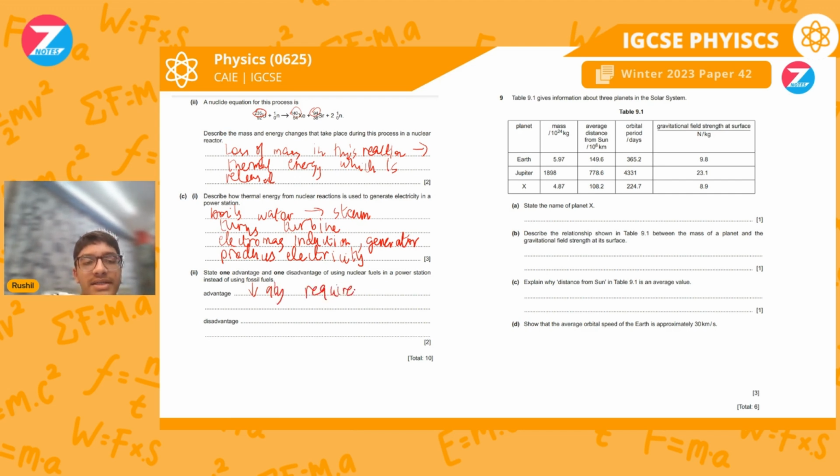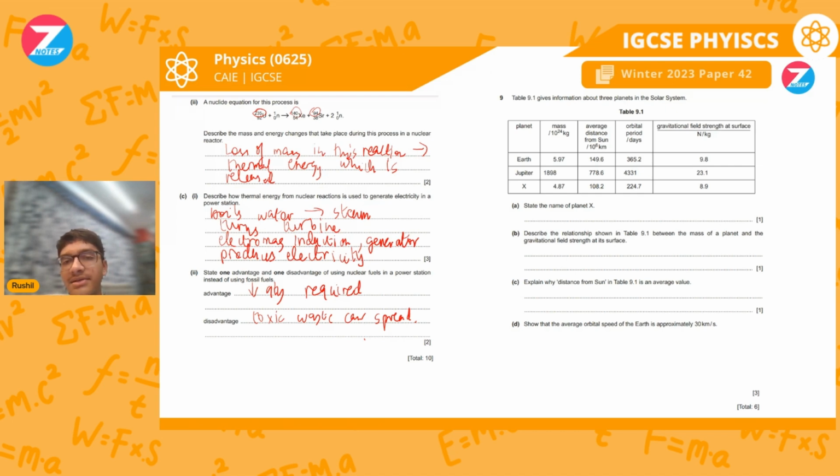The disadvantage compared to fossil fuels is that a lot of toxic radioactive waste can get spread around an area, and the chance of accidents, the risk of an explosion or a radioactive leak is very high, as we've seen in incidents like Chernobyl.